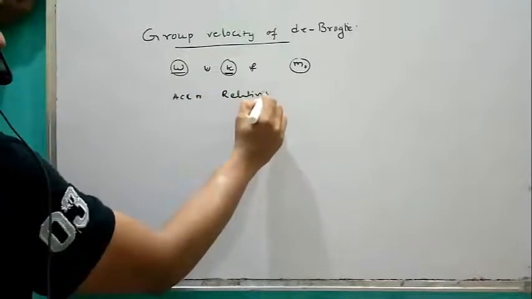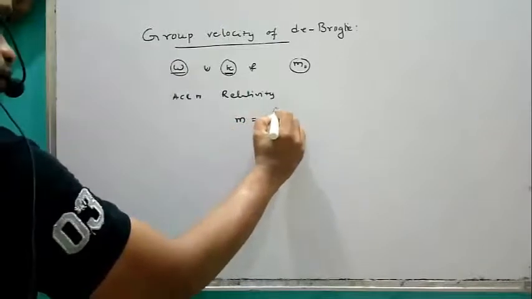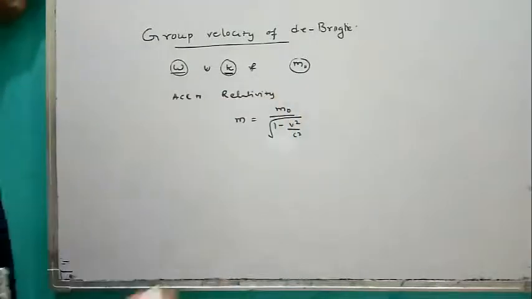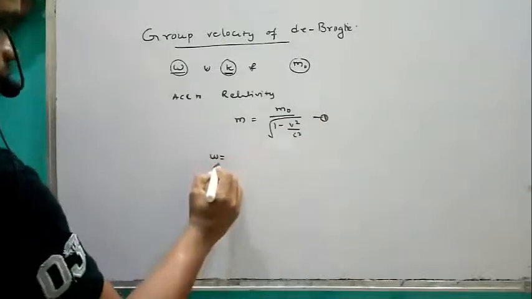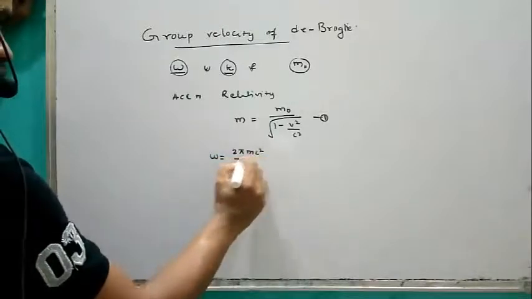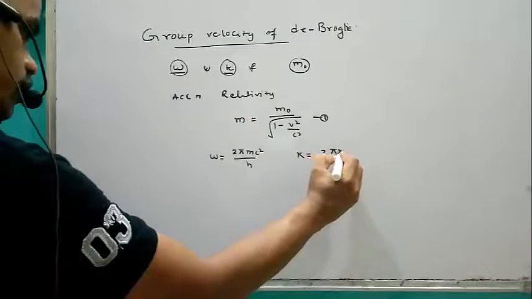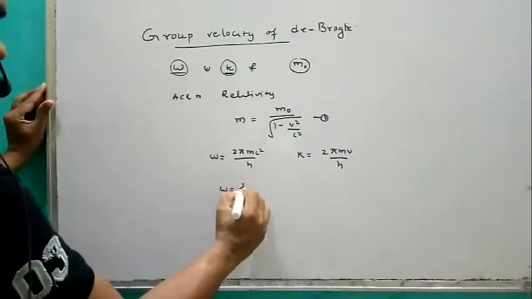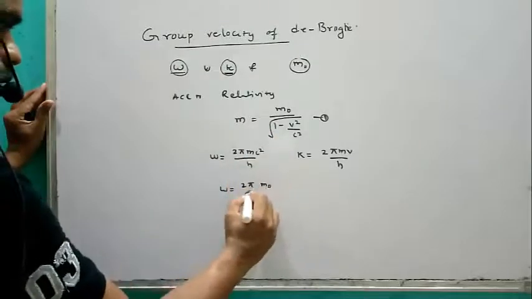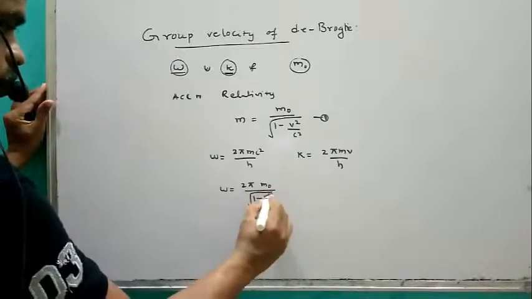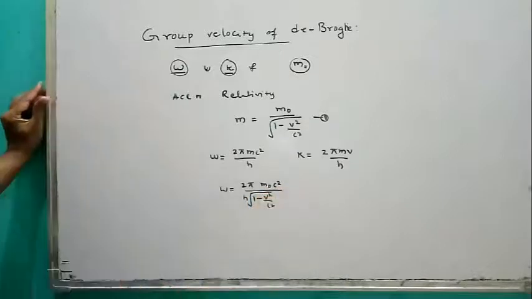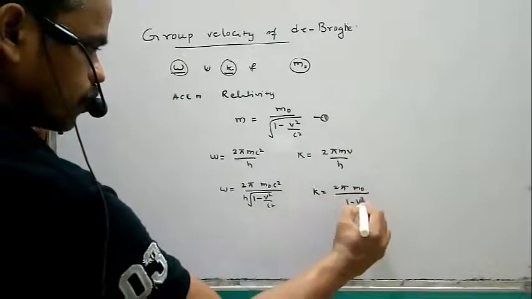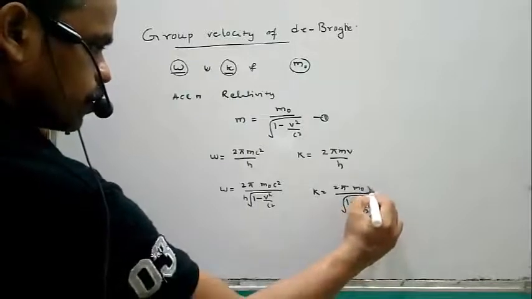According to relativity, the relativistic mass m is equal to m naught by the root of 1 minus v square by c square. So already we have the values omega equal to 2 pi m c square by h, and k equal to 2 pi m v by h. So here omega equals, substituting the m value, m naught under root of 1 minus v square by c square, then h, then into c square. For k, substitute the value m equal to m naught by the root of 1 minus v square by c square, into v.